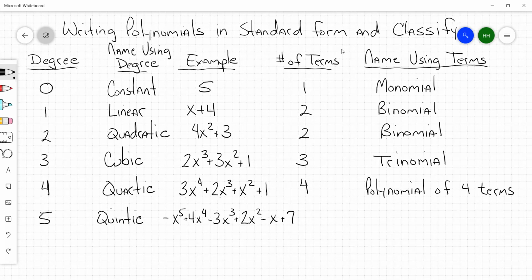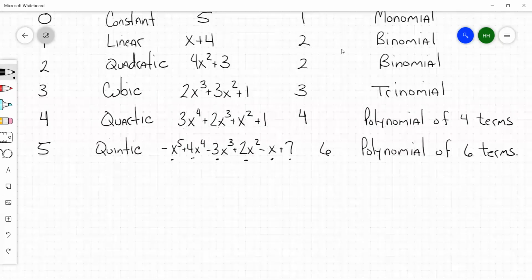And that's got 1, 2, 3, 4, 5, 6 terms. And that would be a polynomial of 6 terms using the number of terms as the name. Good with that?